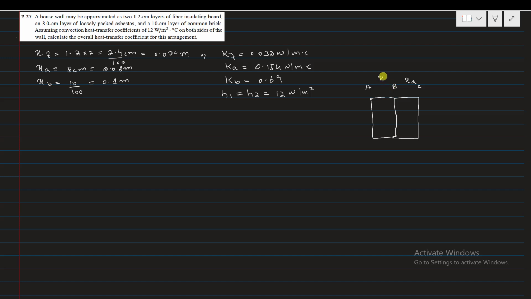This is XF, that is its thickness, and then the third layer is of common brick, that is XB, ABCD. So this C to D is XB thickness of common brick, XA for asbestos, and XF for fiber insulating board. And at this side, this is one side of the wall, this is the other side of the wall. The convection heat transfer takes place.